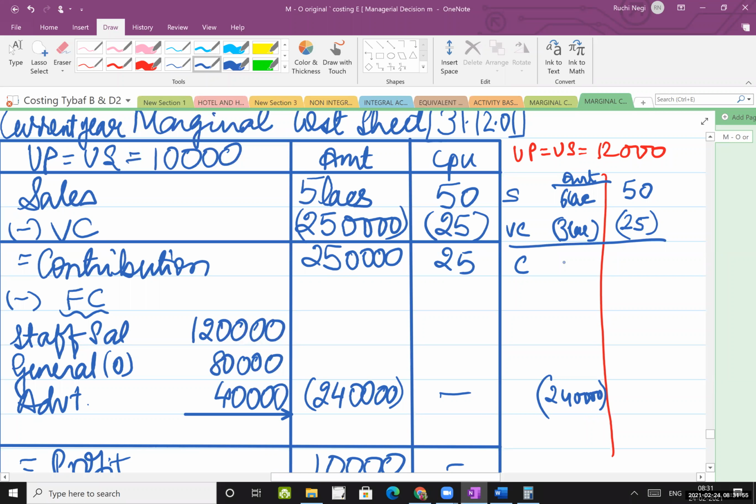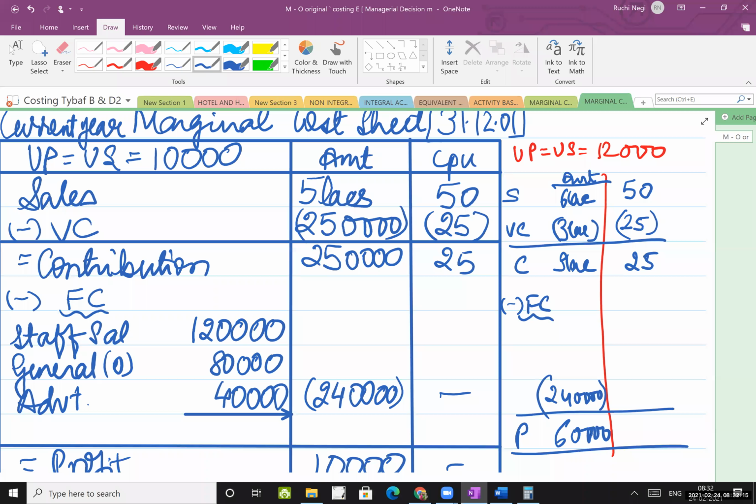So my contribution will be 3 lakhs, and this is also 25. Contribution minus fixed cost. फिक्स कॉस्ट 2,40,000, तो profit चेंज हो जाएगा, 60,000. So I got my answer 60,000. Are you guys understanding this? Is this clear to everyone?